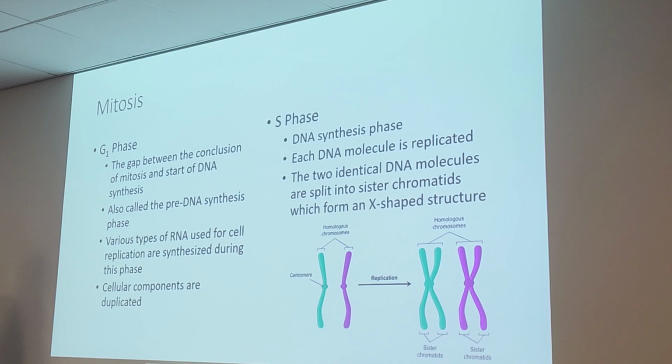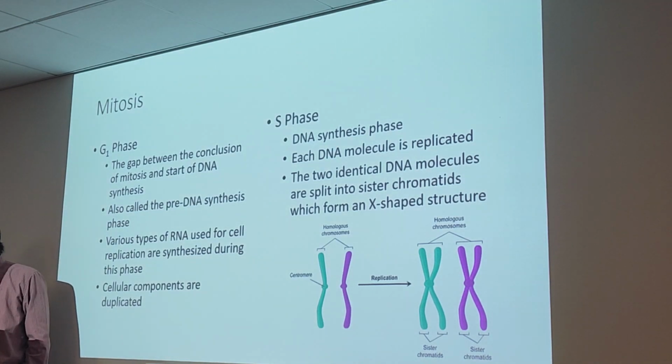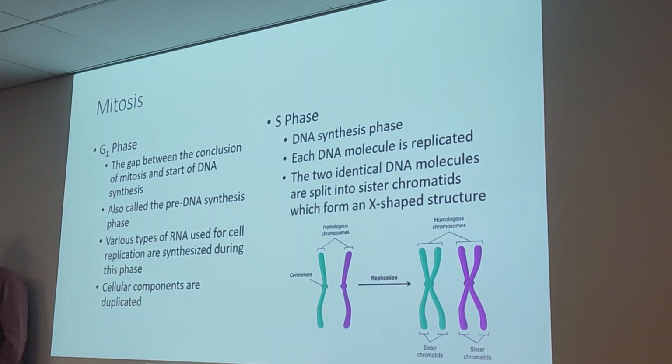Now, looking at the first phase, G1, the gap phase. Why is it called a gap phase? Is it because it sells clothing and baby apparel? I think that's what the Gap sells. It's been a while since I've been to one. No, the gap 1 phase is basically a resting phase.